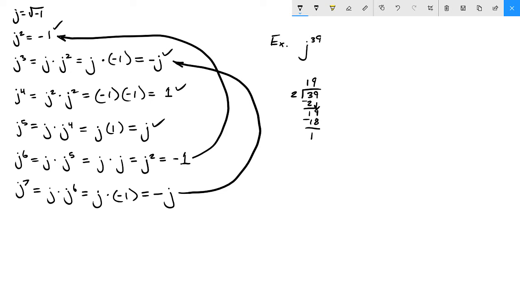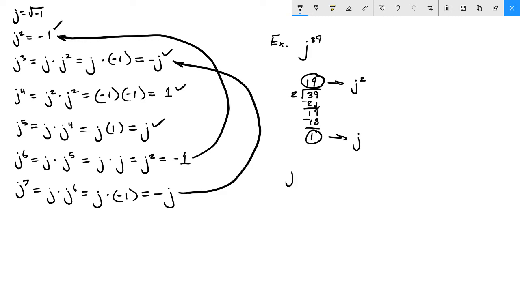remainder of 1. Now, the reason that this is important is because the remainder tells me whether there's going to be a singular j left over from the entire simplification process. I'll show you what I mean by that in a bit. While the quotient tells me how many j's squared there will be.